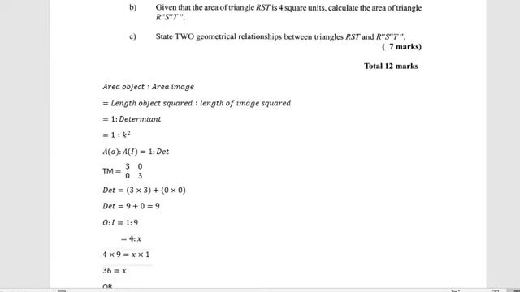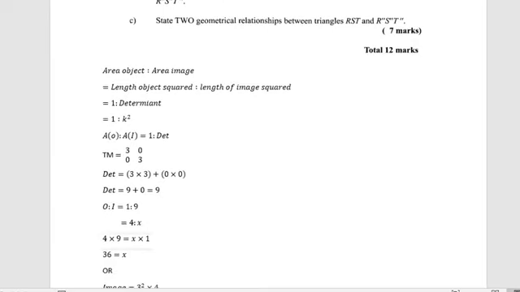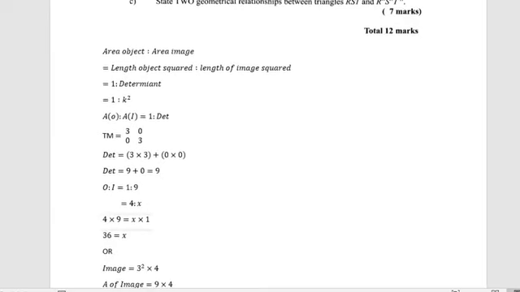So part C says state 2 geometrical relationships between the triangles RST and the image of RST that was found. So what we know is that triangle RST, which is the object, is similar to triangle R prime S prime T prime, and the image is an enlargement of the object.